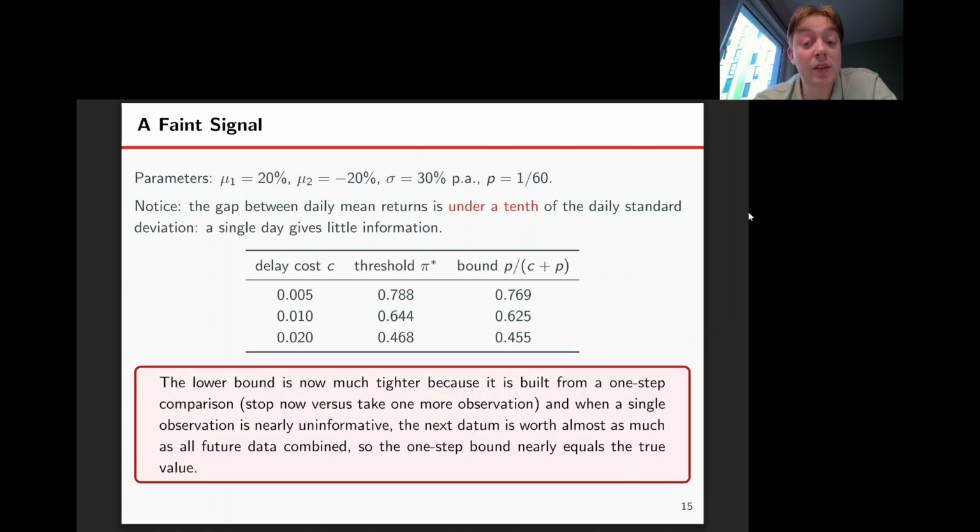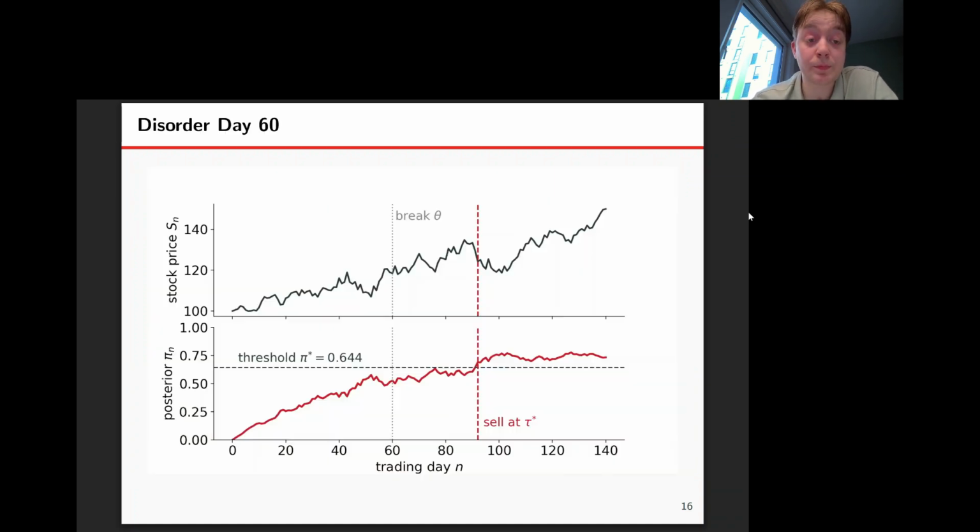Now, one thing to notice here is that our lower bound is much tighter because it's built from this one-step comparison, stopping now versus taking on one additional observation. And when a single observation is very nearly uninformative, the next piece of information is worth as much as all the future data combined. So this one-step bound nearly equals the true value.